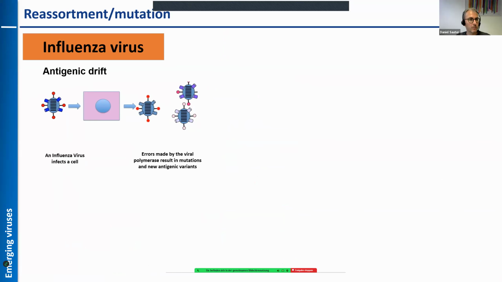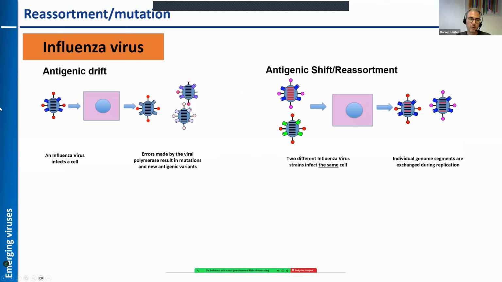Apart from recombination, we already talked about reassortment, and the prime example that we had already mentioned is influenza virus. So in influenza virus, we distinguish between antigenic drift and antigenic shift. Drift refers to antigenic changes that are the result of single point mutations.